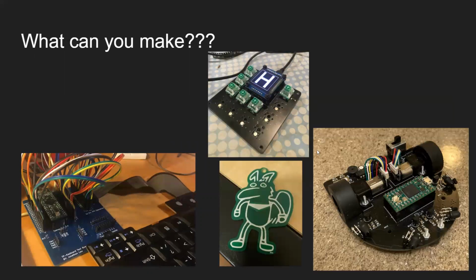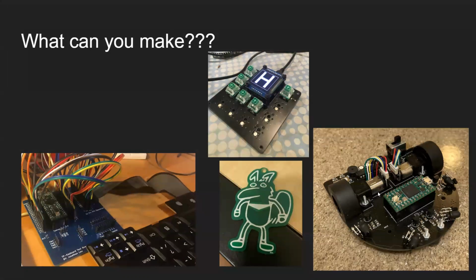These are some things people in our club have made. The PCB is the part right here, the board that all the electrical components get soldered into. This is a keypad. Someone made some pixel art with it, so you can do art stuff too.